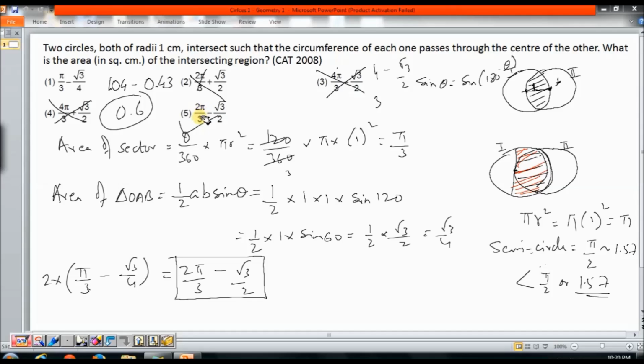So if this pi and 3 gets cancelled, I get 2 minus root 3 by 2. 1.73 divided by 2 will give me around 0.85. So this gives me 2 minus 0.85, which gives me 1.15, which is less than 1.57, and it looks like a more likely answer because 0.6 is much less.